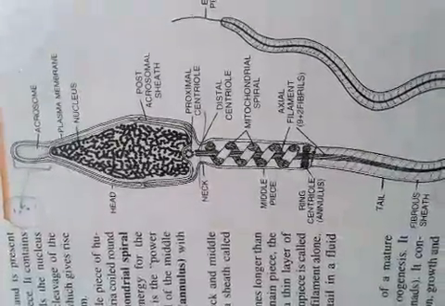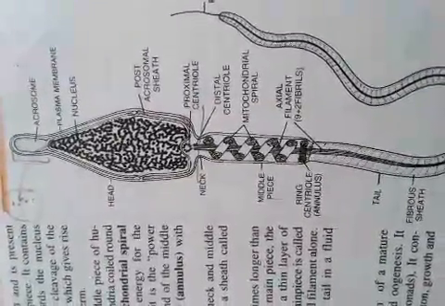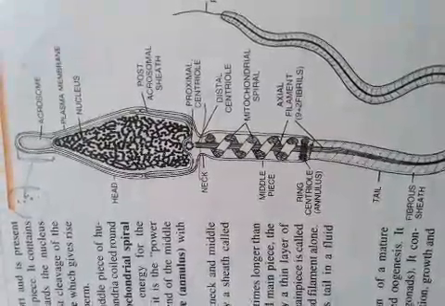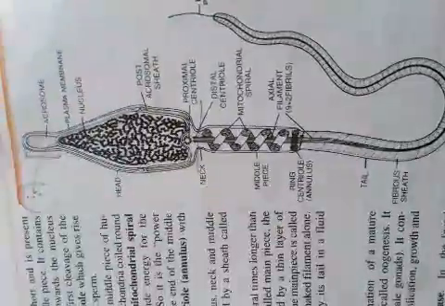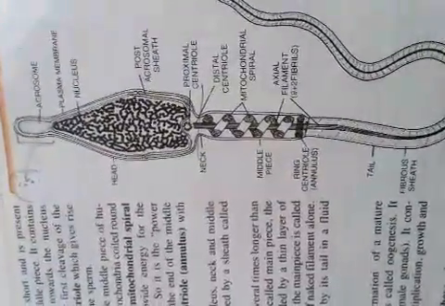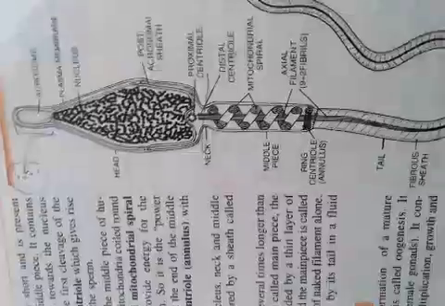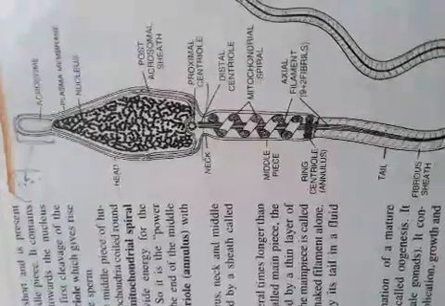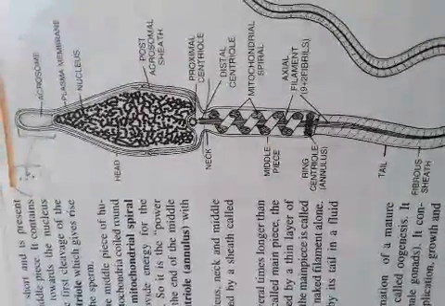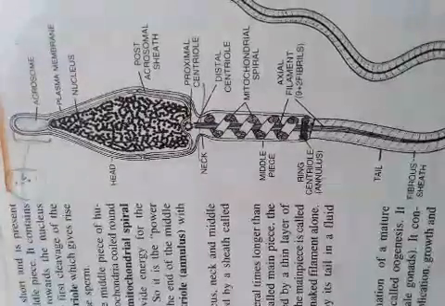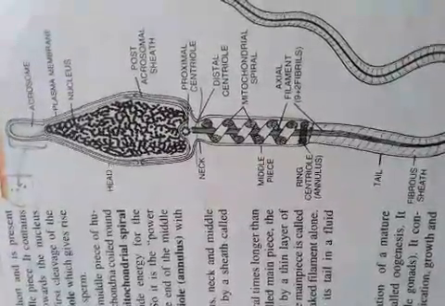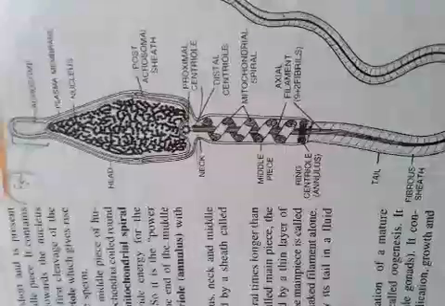Acrosome is formed by condensation of the Golgi complex. Means, as you know, during the transformation of spermatid into spermatozoon, certain kind of activities are involved which gather up the Golgi complex or the Golgi bodies at the tip of the nuclei.